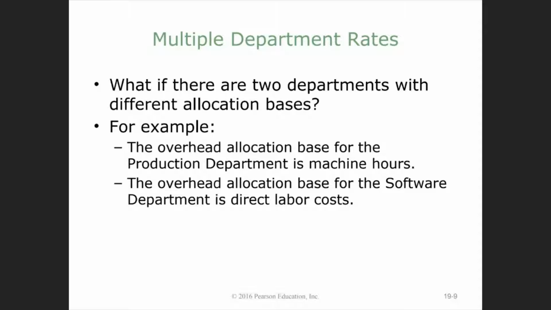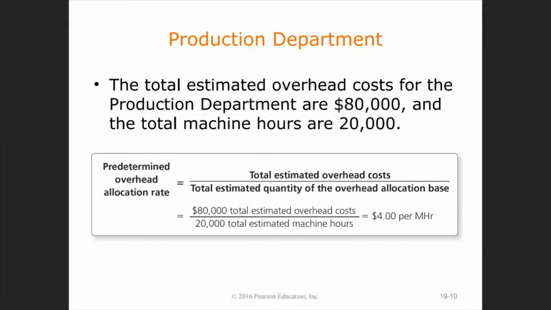So what if there are two departments with different allocation bases? For example, the overhead allocation base for the production department is machine hours. And the overhead allocation base for the software department is direct labor cost. The total estimated overhead cost for the production department is $80,000, and the total machine hours are 20,000.